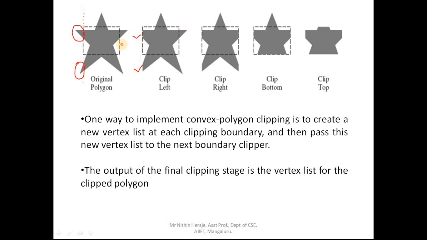Now see, this original is given as the input here, correct? Next, this left clipped polygon will be given as the input for the right clipping, and you will get the new edges. Instead of two edges, you now have 4 edges.